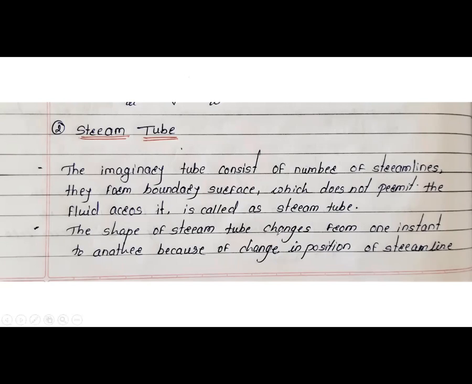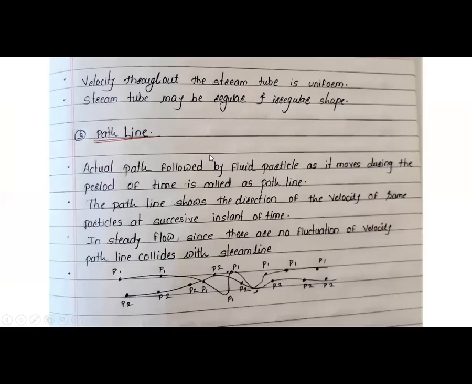The shape of the stream tube changes from one instant to another because of a change in the position of the streamlines. It does not change with time, but it does change with position, as I was explaining in the last point. The velocity throughout the tube is uniform. A stream tube may be regular or irregular in shape. So this is the stream tube.